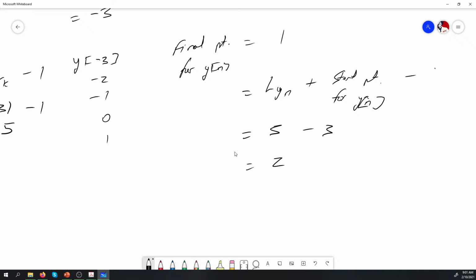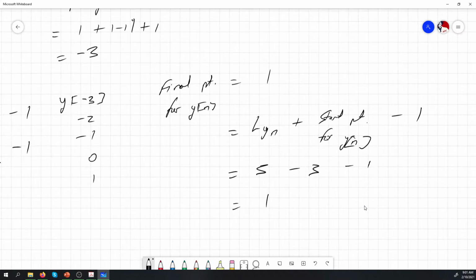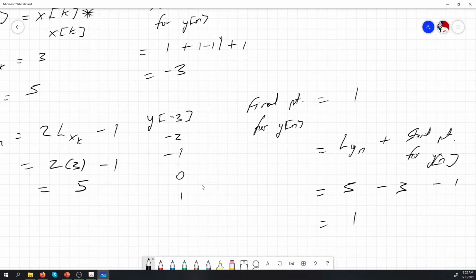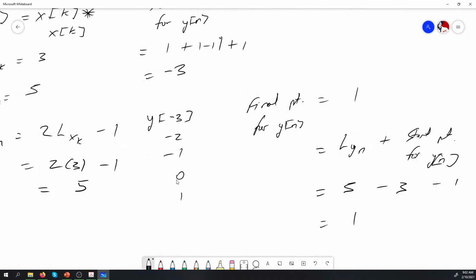That means we're going to have to minus 1 in our equation to make sure that we satisfy that equation and get the correct point. So the equation for the final point of y of n is going to be the length of y of n plus the start point for y of n minus 1, to make sure that we get our final point here being at 1 when we manually evaluated it.